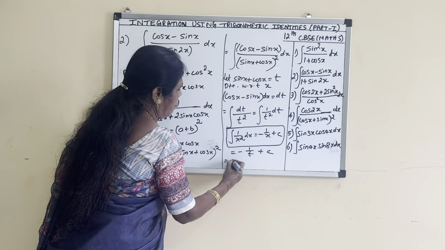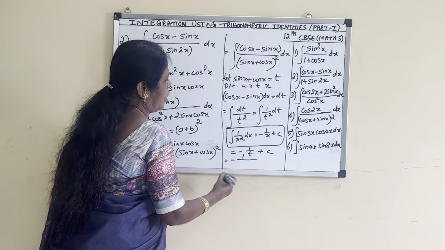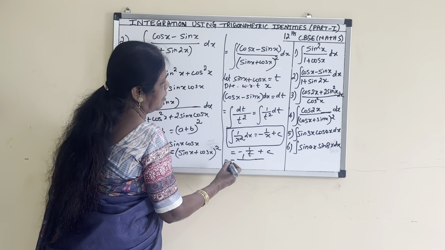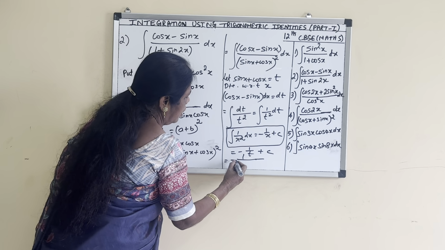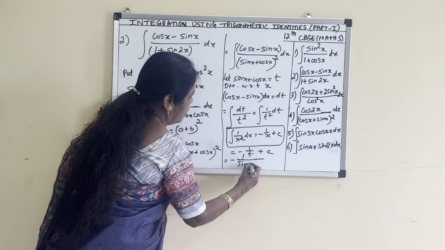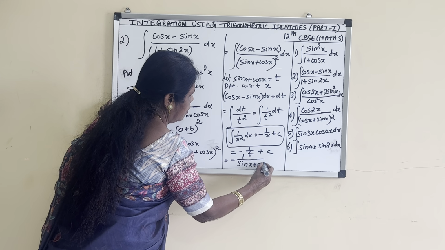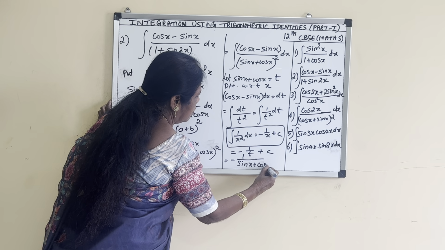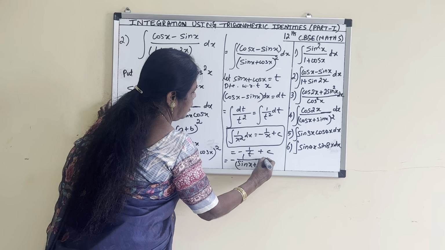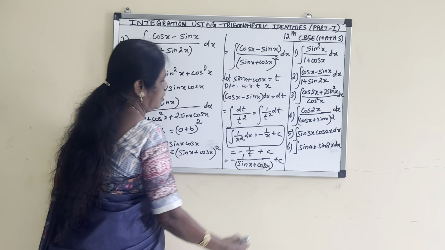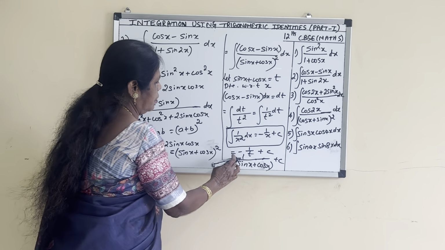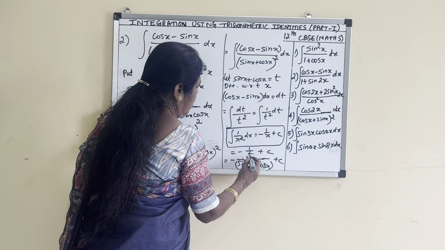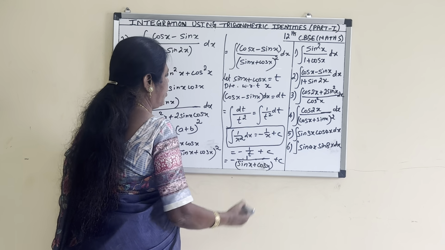That is minus 1 by, what is t? t is sin x plus cos x, plus c. So it is minus 1 by sin x plus cos x plus c.